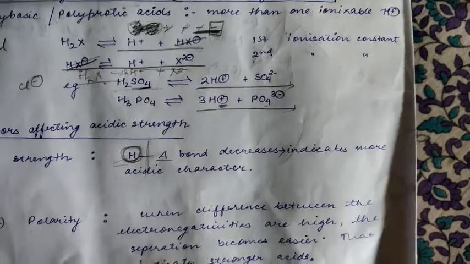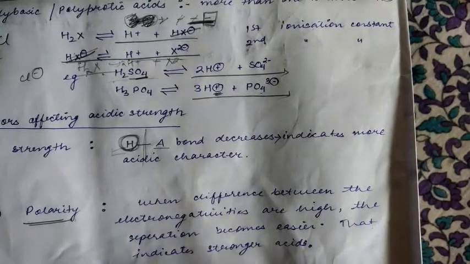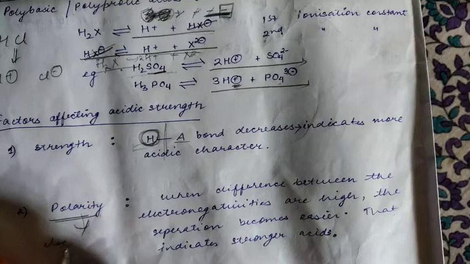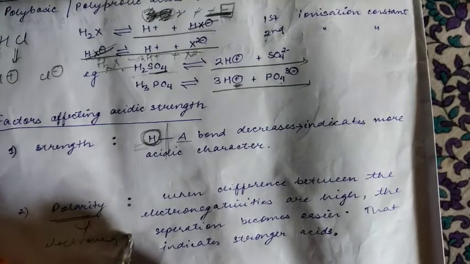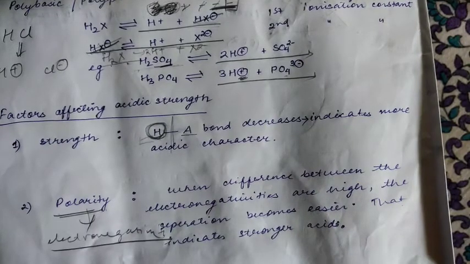Clear? Next, polarity. Now here you have to know one term, electronegativity. It is actually the property of a substance which helps that element to withdraw the electron towards itself.